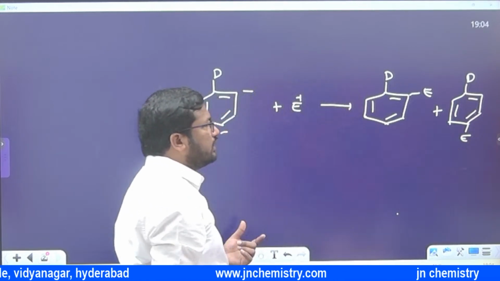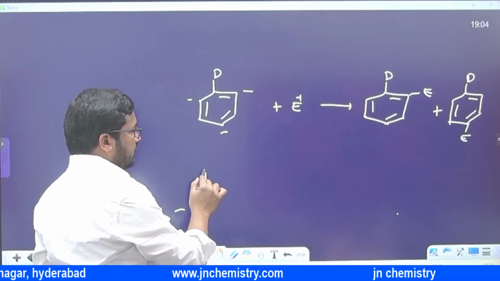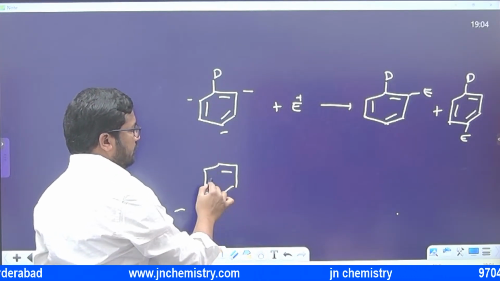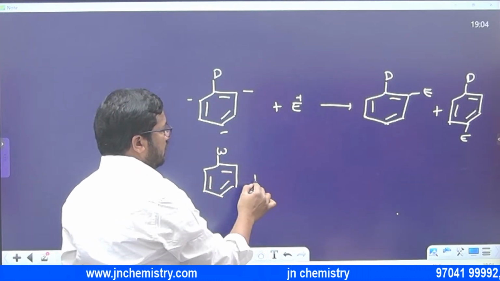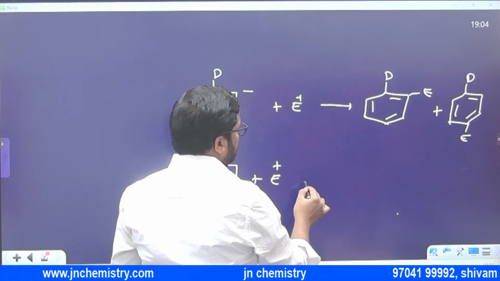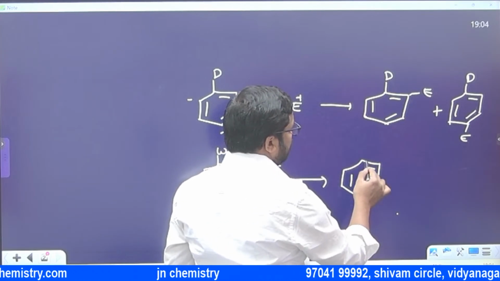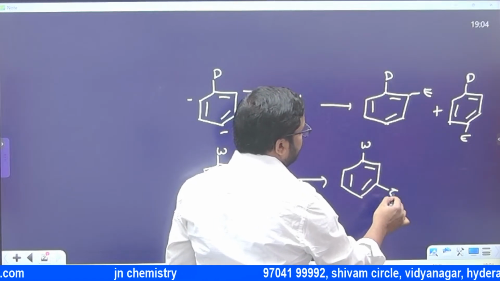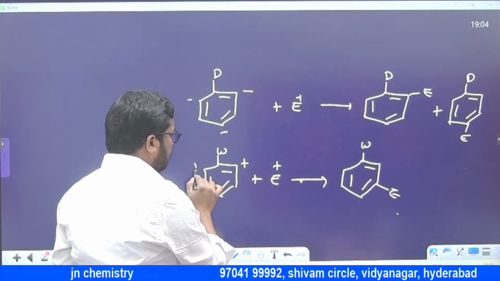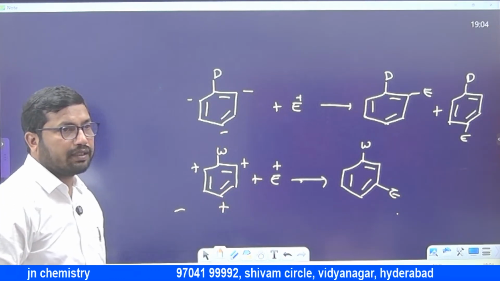This is the final thing. If electron withdrawing groups are there, it attacks at the meta position because at ortho and para positions positive charge is already coming.